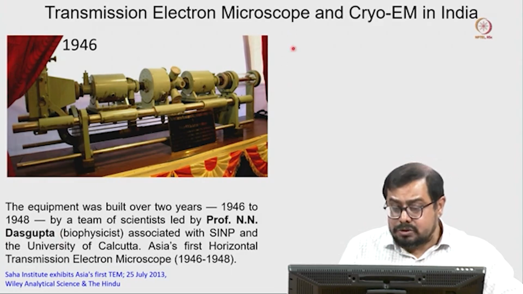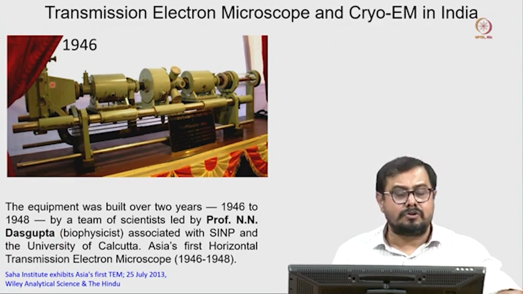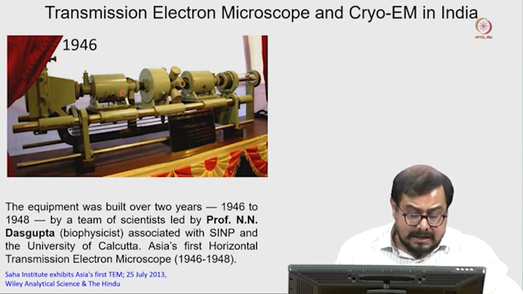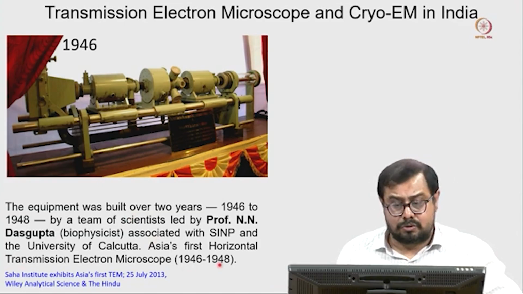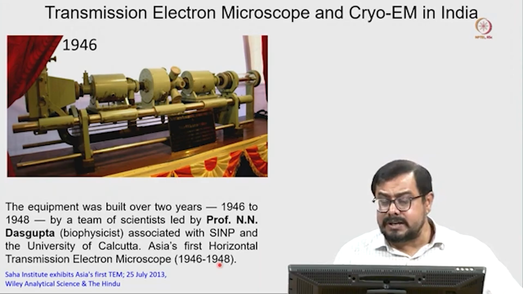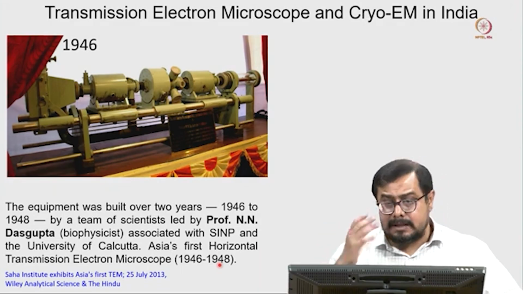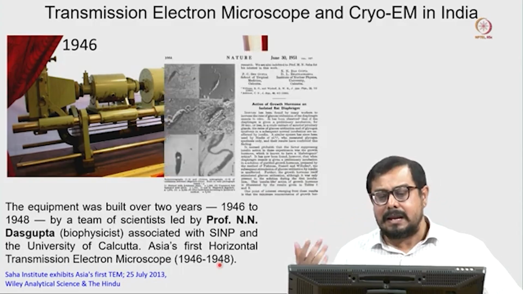Previously I showed you the perpendicular microscope. Here you can see a horizontal microscope, and that is Asia's first horizontal transmission electron microscope. And the next question is, who initiated cryo-electron microscopy in India?